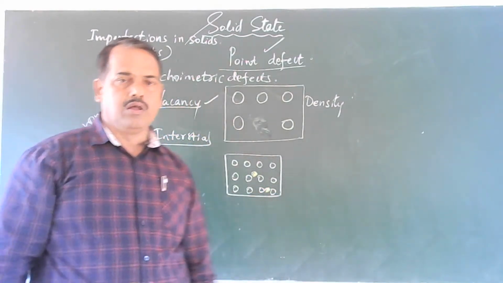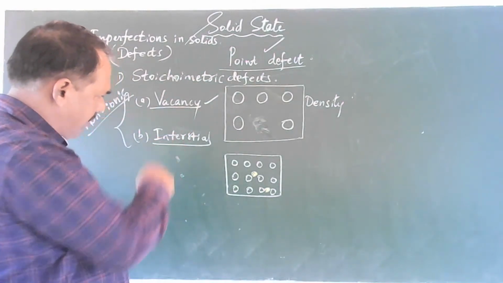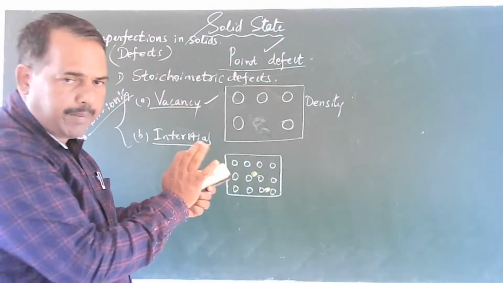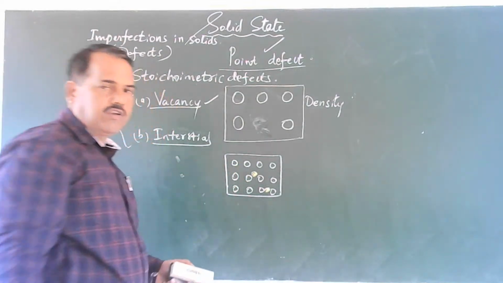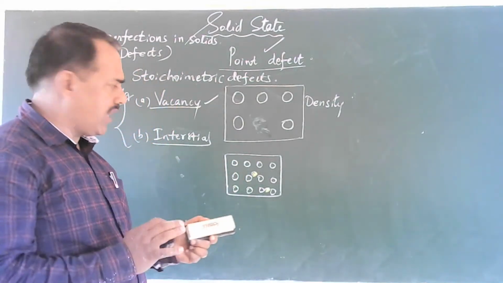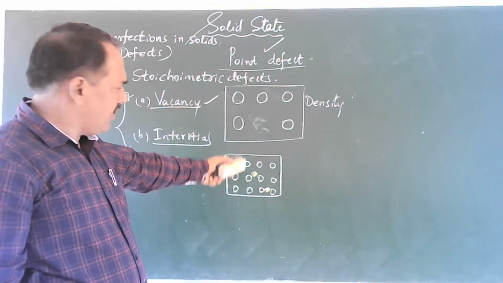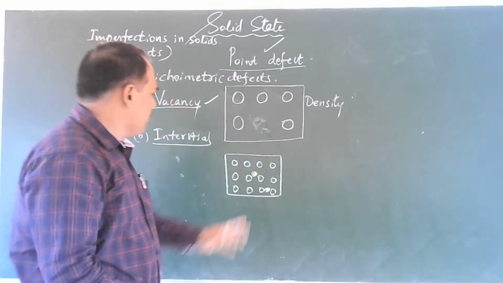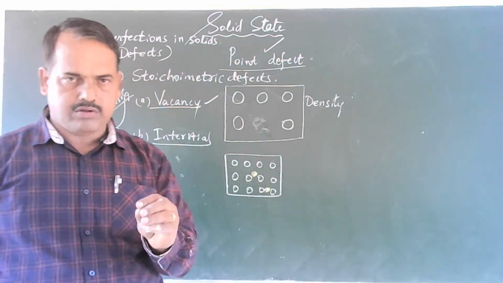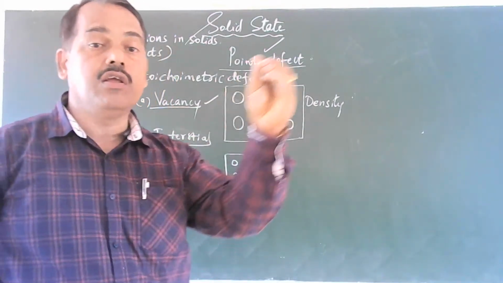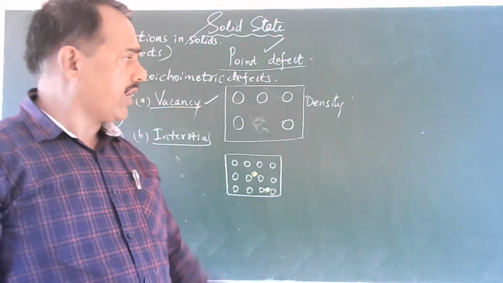Can you see? In the rows and columns where the particles are there, extra particles are there in the interstitials. Such types of defects are called interstitial defects. In interstitial defects, the number of particles is more in the gaps in the space. Therefore, density increases.